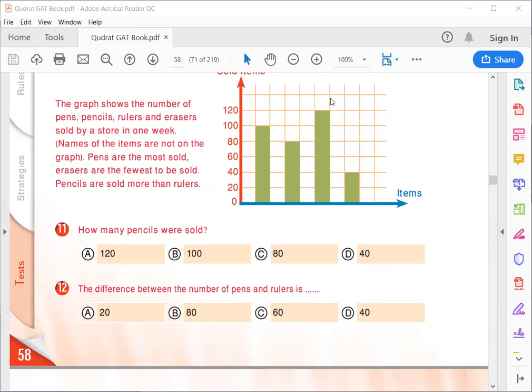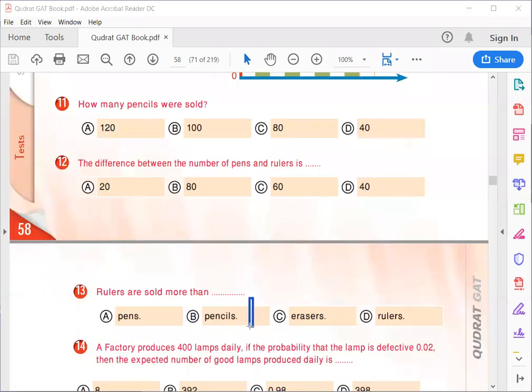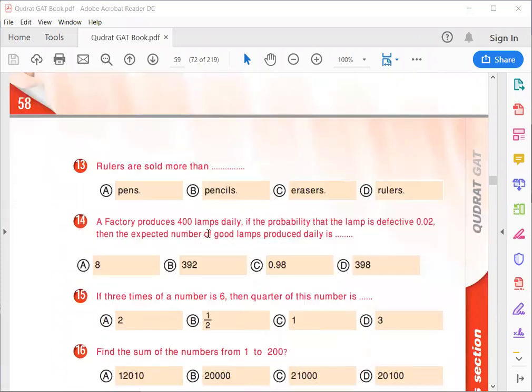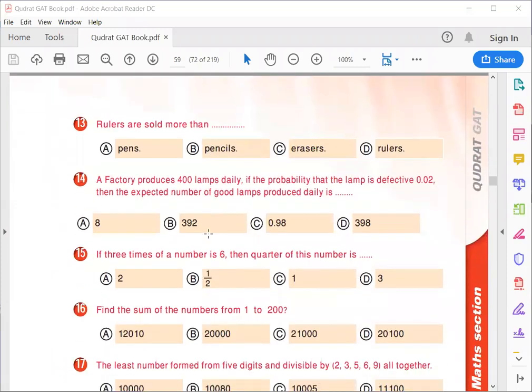The answer is C. It is eraser, because rulers 80 is greater than eraser 40. Okay, is it clear? Do you understand how to answer the questions from the graph?